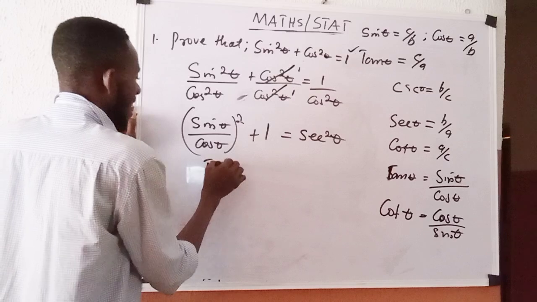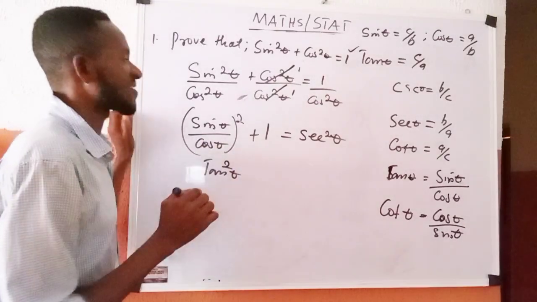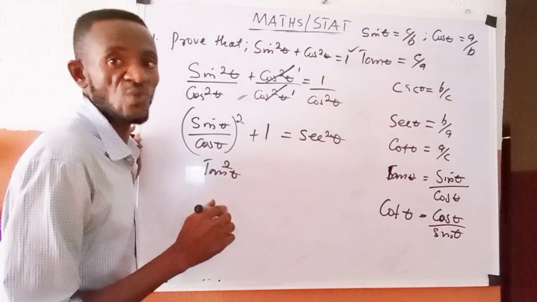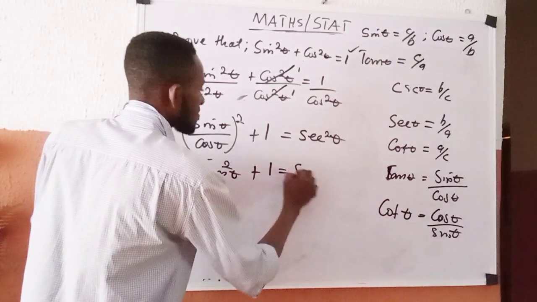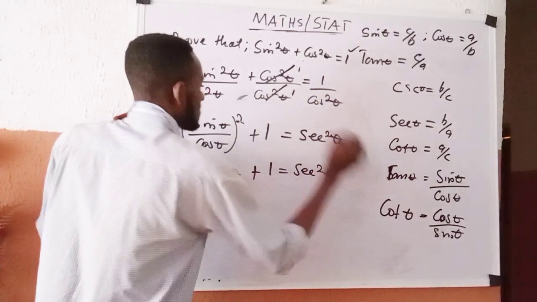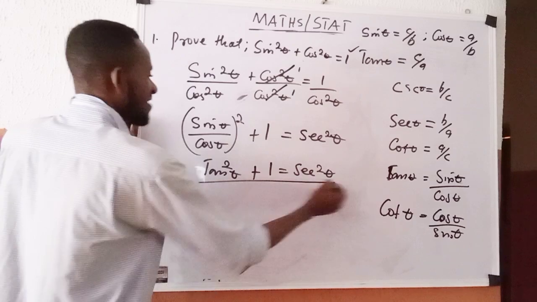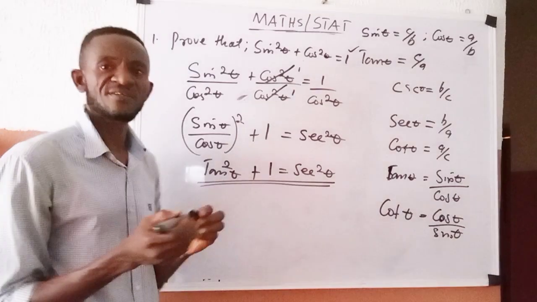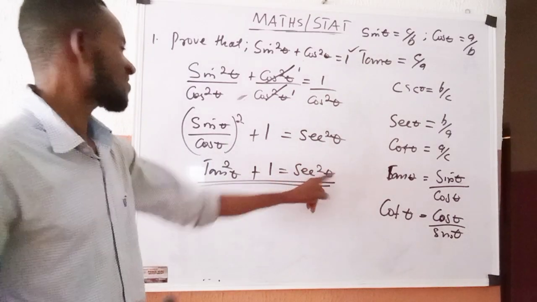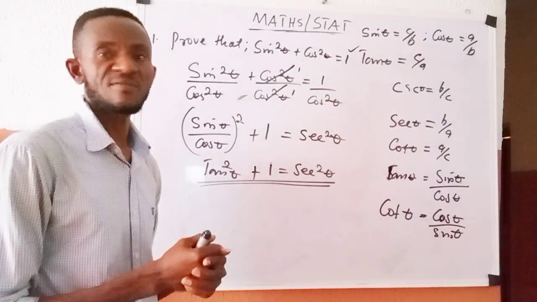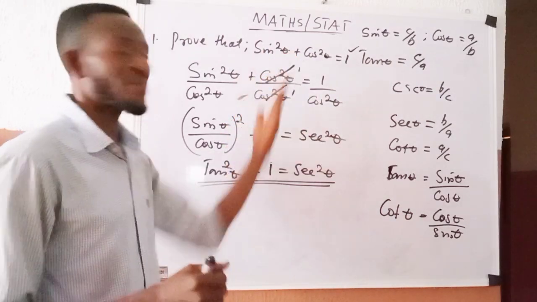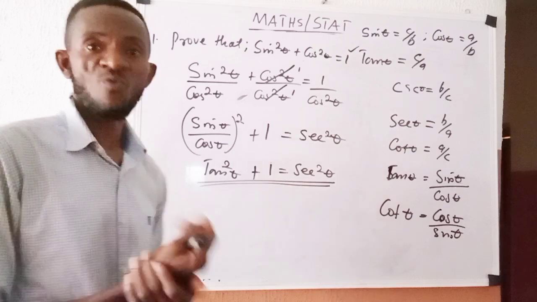But because of this square, I am going to write tan squared theta, just like the way I have been writing these. Then plus 1 equals sec squared theta. This is the third identity of Pythagoras, that sec squared theta is given as tan squared theta plus 1. You remember when we proved the other one.